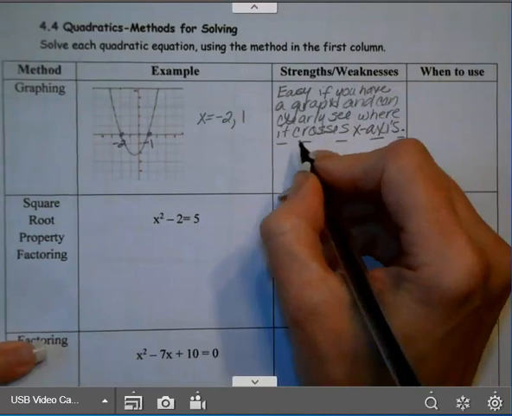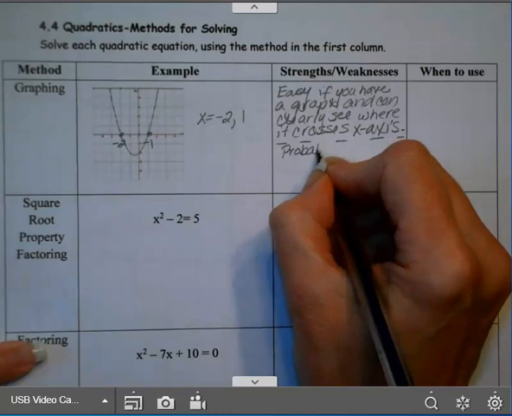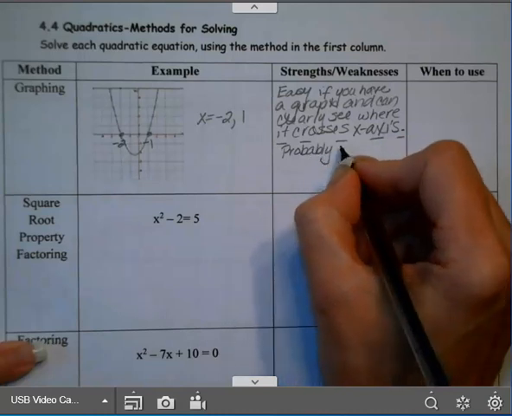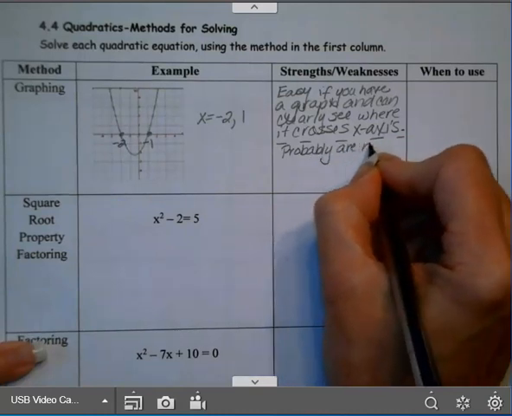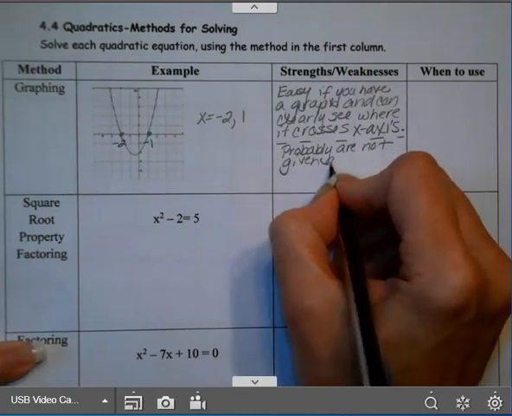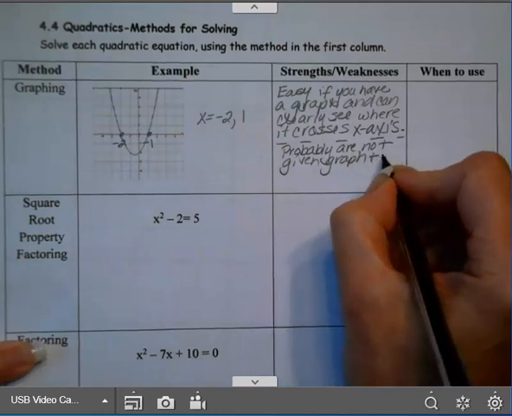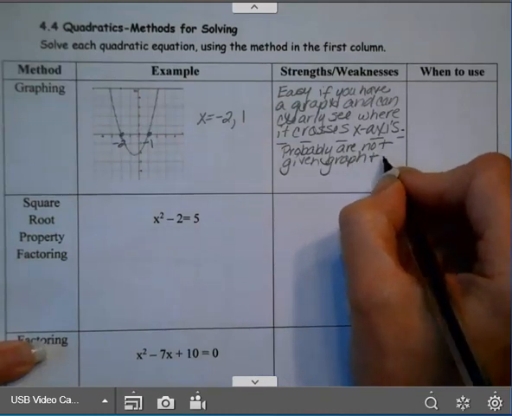The weakness is that you probably are not going to be given the graph, and it rarely goes through integer values.